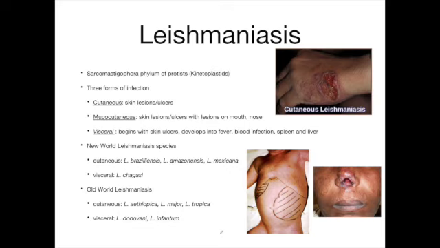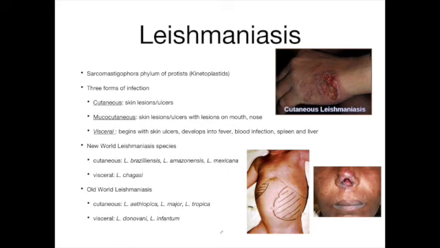Cutaneous causes lesions and ulcers, very painful. That's what you see in the top right there. In the bottom right, what you're looking at is mucocutaneous. And then in visceral, this is a young child that's getting prepared for surgery. With visceral, it starts out with ulcers, but eventually it starts to infect organs, and it becomes multiple organ failure.